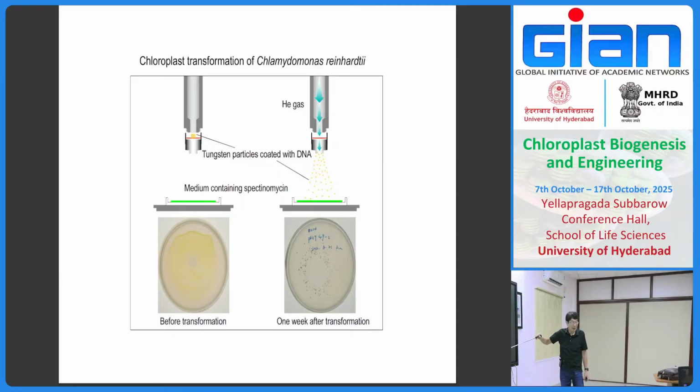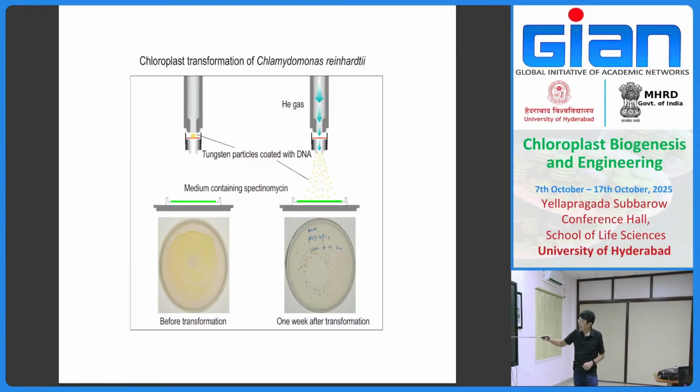Then we have a selection system. Just after shooting, and then one week or two weeks later, you will see colonies like this. These are transformed.